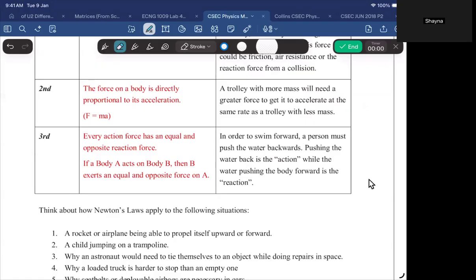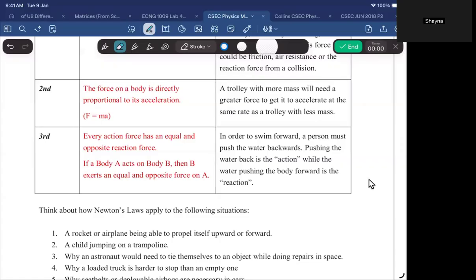So that's why the second law is called the law of inertia. And you see there's mass in that, right? So a trolley with more mass will need a greater force to accelerate at the same rate as a trolley with less mass.